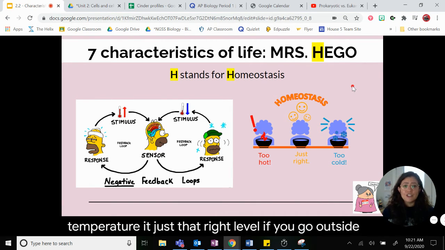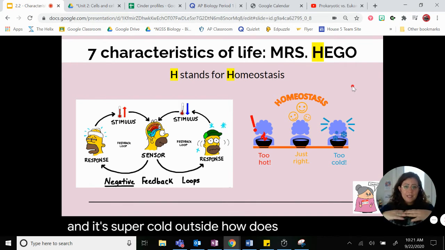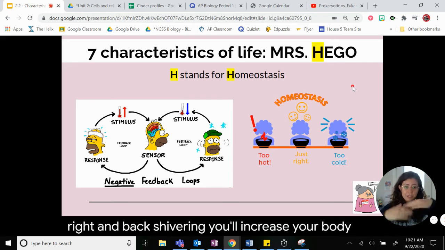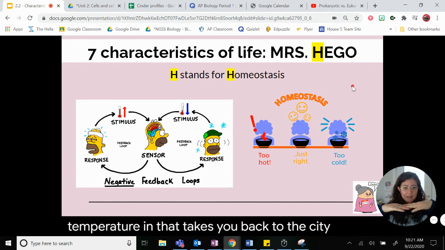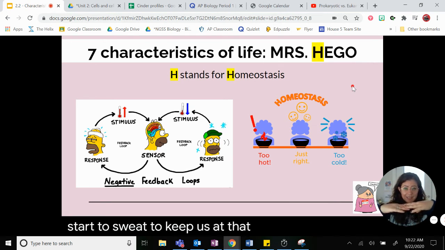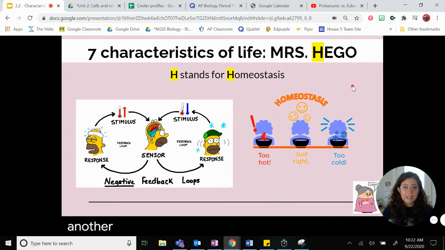If you go outside and it's super cold outside, how does your body try to get back to homeostasis? Well, you'll start shivering, right? And by shivering, you'll increase your body temperature, and that takes you back to that steady state. If you go outside and it's super hot outside, you'll start to sweat, right? That'll cool you down. Once again, that's a way to keep us at that steady state. So this is another characteristic of life, homeostasis.